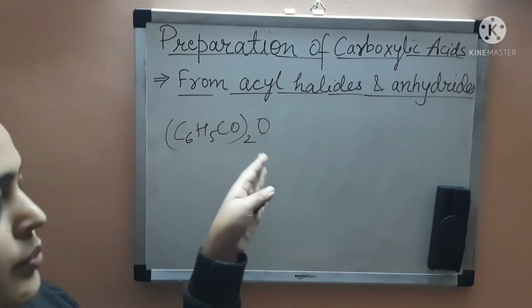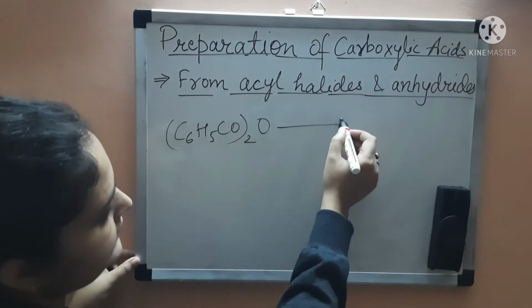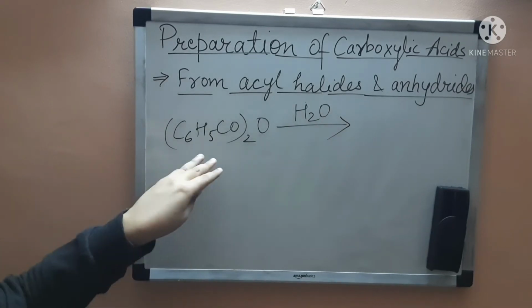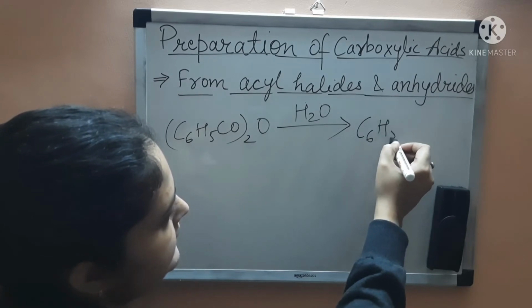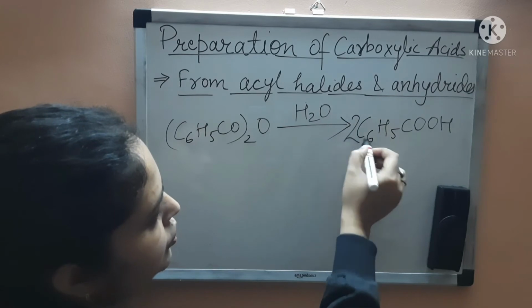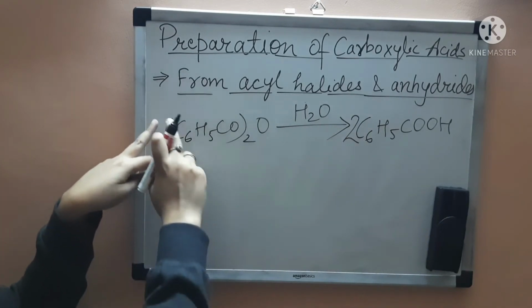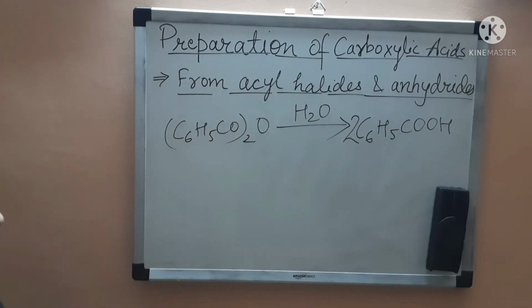When you hydrolyze it with water, you will directly get your corresponding carboxylic acid. You will get benzoic acid, whose formula is C6H5COOH. So you will get two molecules of benzoic acid because there are two C6H5CO groups in this anhydride molecule.